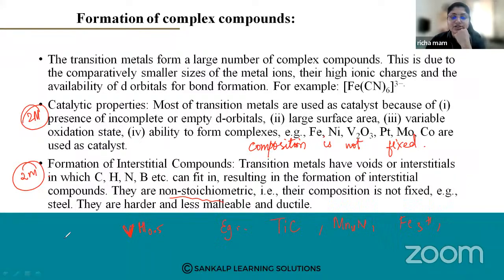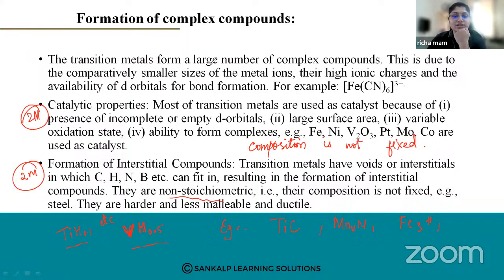You can see the composition is not proper, it is 1.7. So these are examples of interstitial compounds. Interstitial compound means that in the interspaces, small atoms will go and occupy the space. Such compounds are called interstitial compounds.